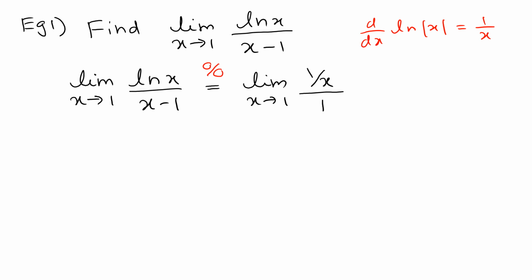We can simplify this as the limit as x goes to 1 of 1 over x. Then we check whether this limit exists. If it exists, then they are equal. When x goes to 1, this goes to 1, so the original limit is 1.